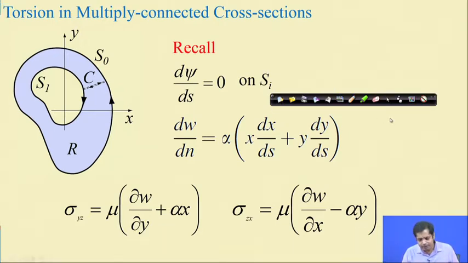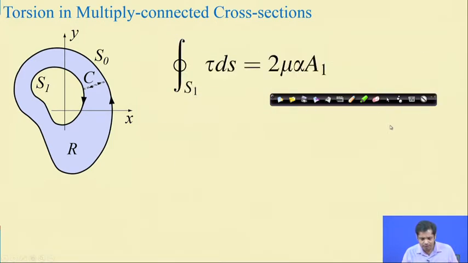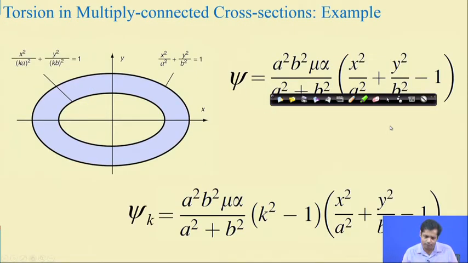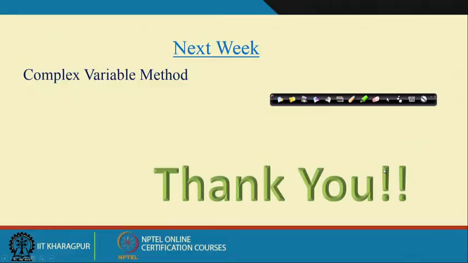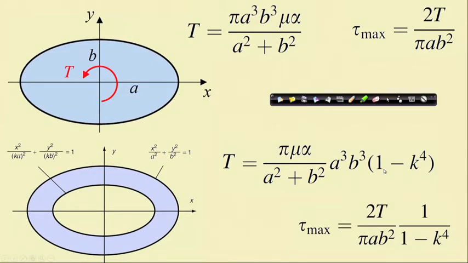Depending on the cross section, you can apply similar equations to different problems. For different problems your psi will be different, but the equations we derived and the steps will be exactly the same. With this I conclude this week's lecture.